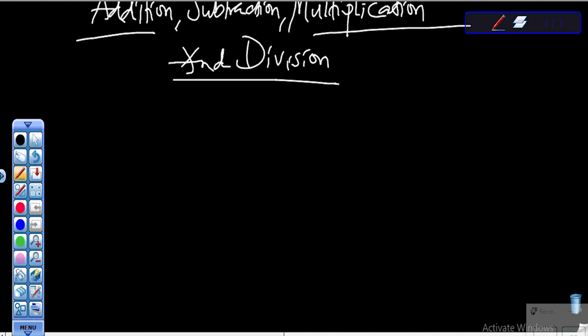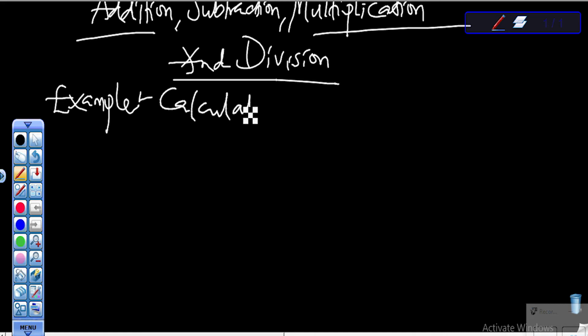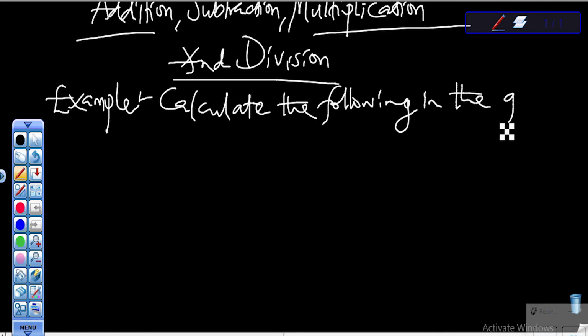Alright, let's look at an example. That's the best thing that can explain this. This example is telling us that we should calculate the following in the given base.